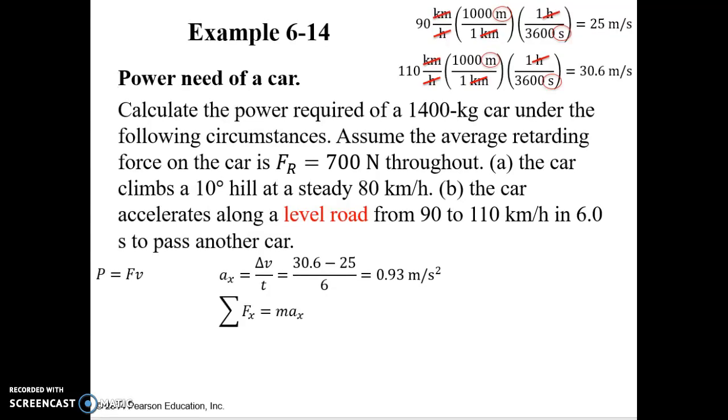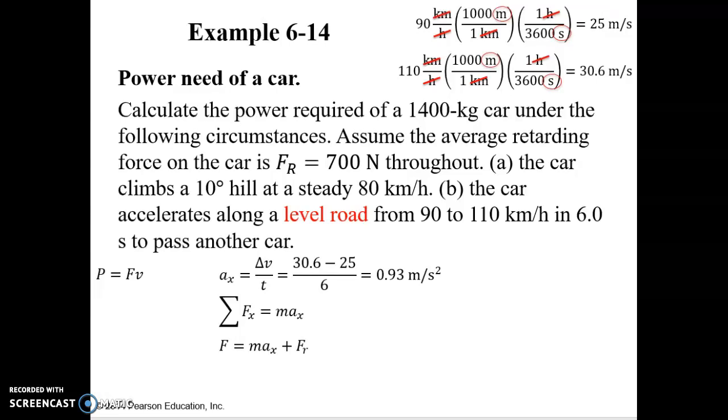This is important to know because when we use Newton's second law to find the car's output force, it doesn't equal 0 because the car is accelerating. Plug in all the forces along the x direction for the car on the flat road, which is just the car's force output and friction, or the retarding force.